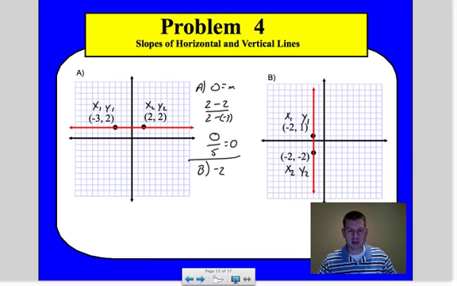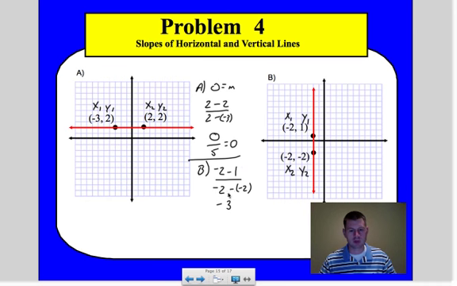So we take negative 2, which is y2, minus 1, which is y1, over negative 2, which is x2, minus a negative 2, so we've got to put that in parentheses. And as we simplify this, we get negative 2 minus 1 is negative 3. So negative 3.